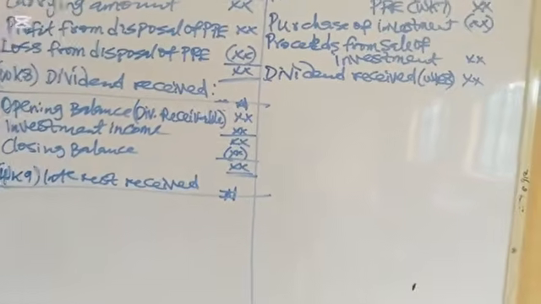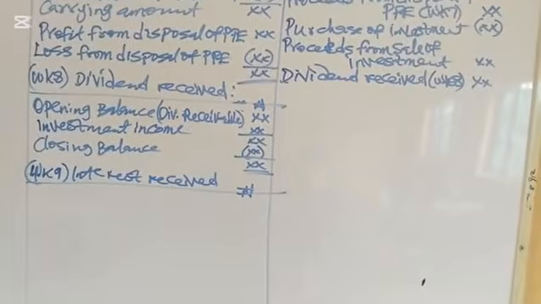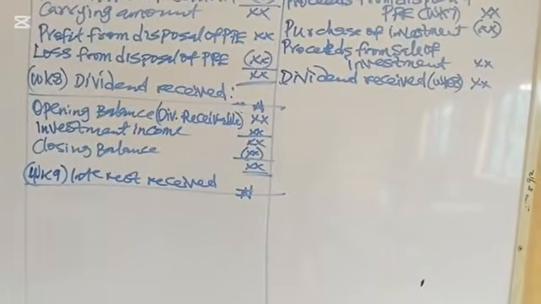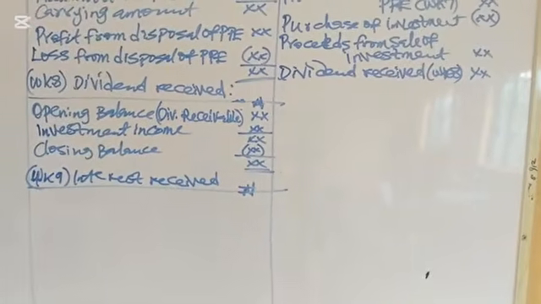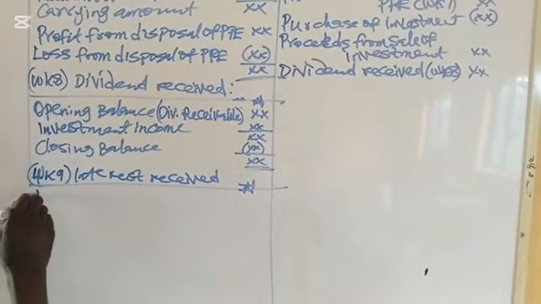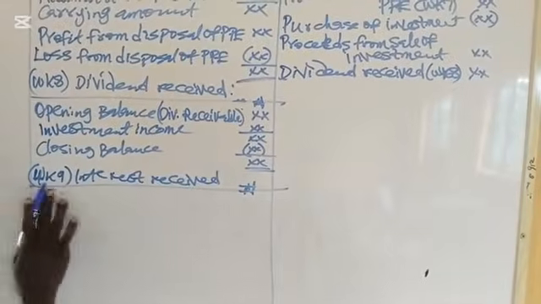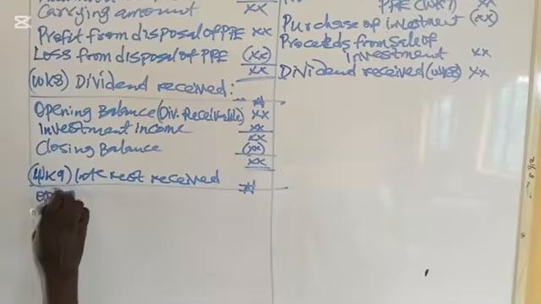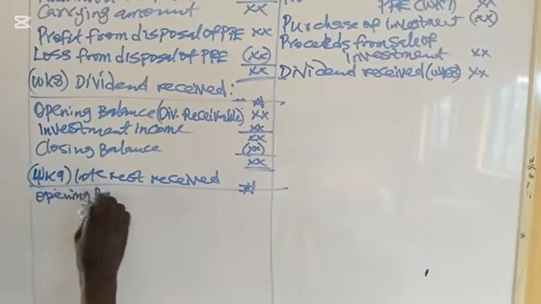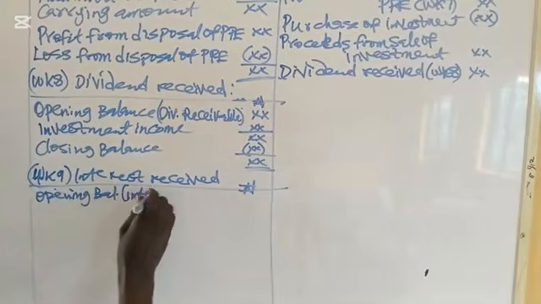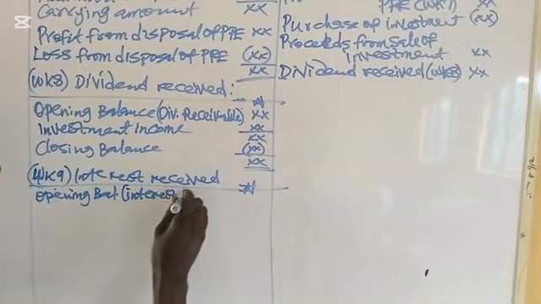So you may see it under current assets. Interest receivables, that is the opening balance. That is interest receivables.